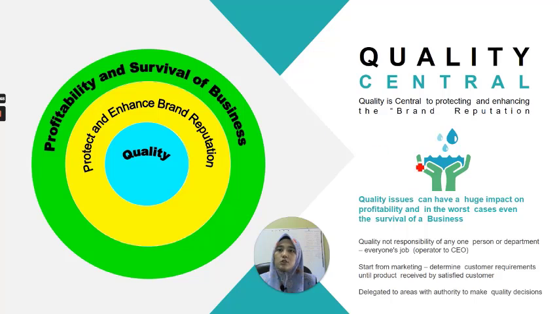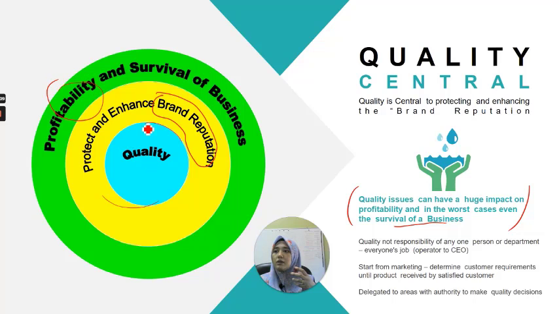So quality issues can have a huge impact in profitability and in the worst case even the survival of a business. Okay, so kalau quality bagus, makanya dia akan melindungi lah the brand reputation. Okay, dalam brand reputation ni ada quality, dalam profit pun ada quality. So quality is the core and the central of an organisation.